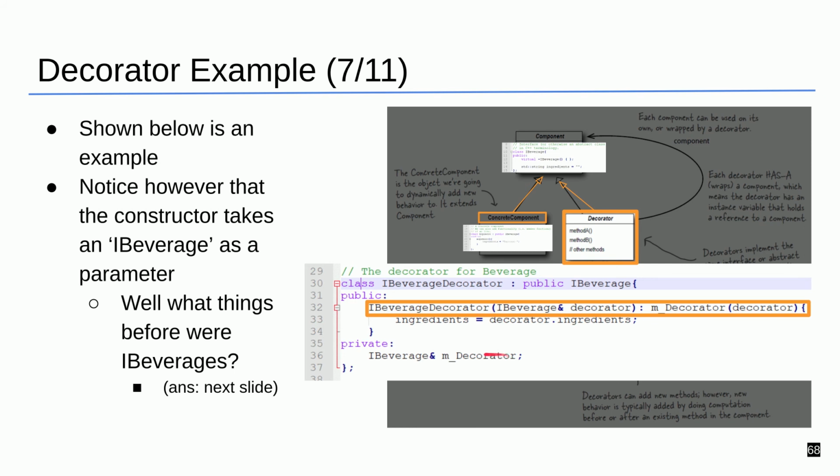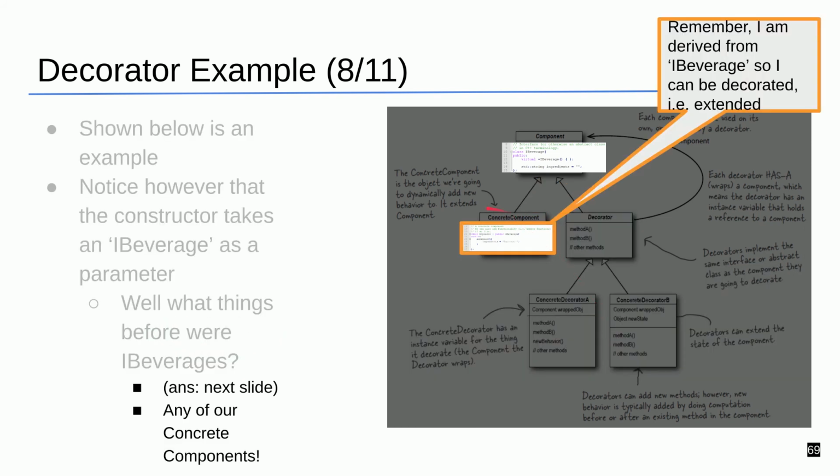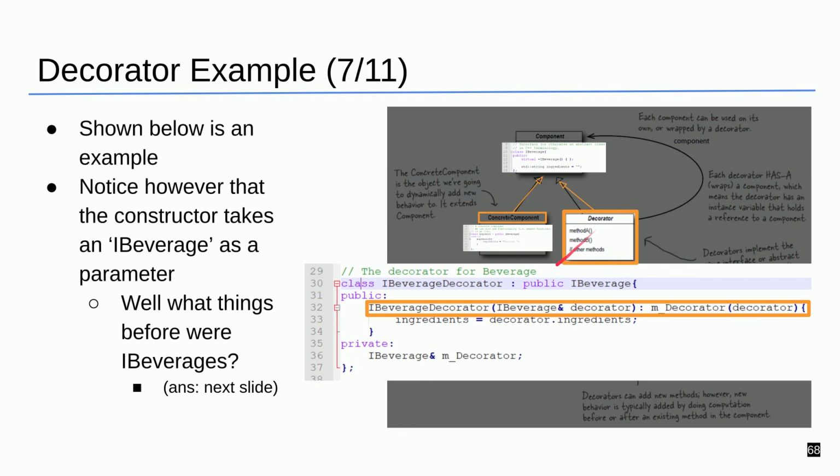Well, what things before were beverages? Well, this guy, an espresso, because it is a beverage. Any of our concrete components are also derived from this beverage here. I'm just kind of highlighting over and over again this arrow here. So that means we can decorate one of our beverages, which could be an espresso, with different ingredients.